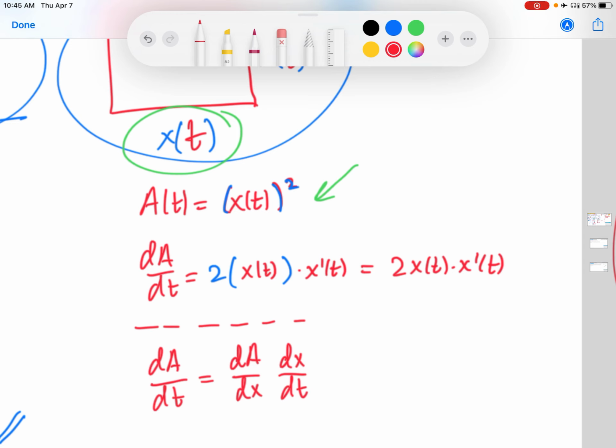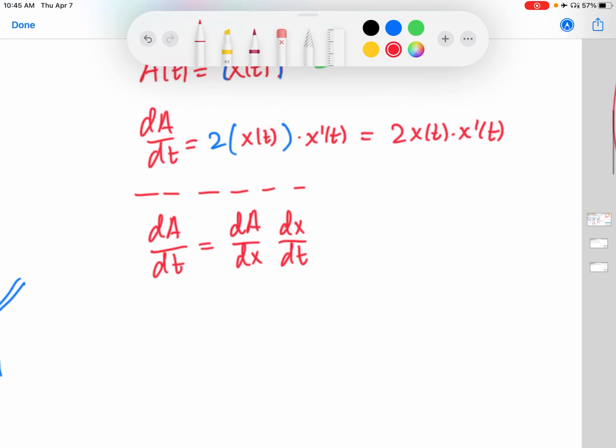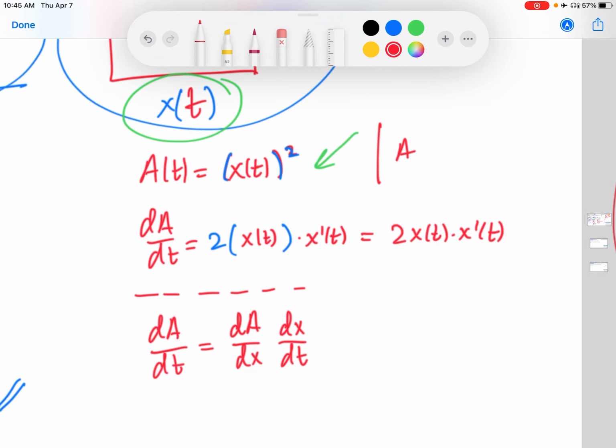That's my derivative. Now, let me show you another way you could have done this without having to carry around this x of t all over the place, because it does make the differentiation a little cumbersome. You could have said, well, look, this is A equals x squared, except that x is not the variable. It is x of t.